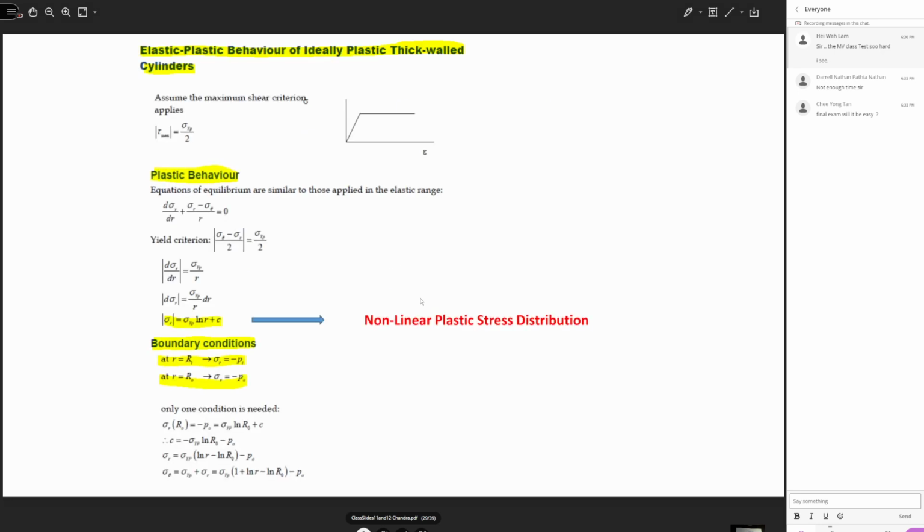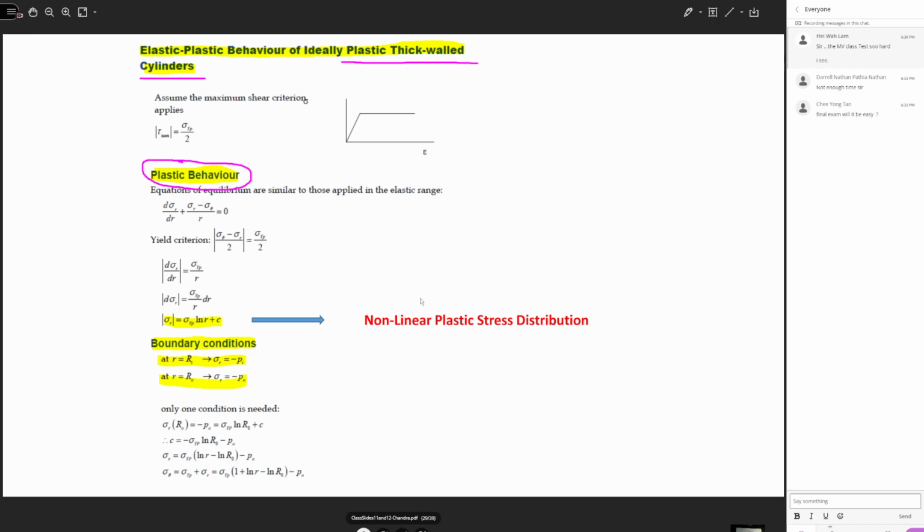Next we see the elastic plastic behavior, considering the plastic thick wall cylinders. So we study when the thick wall cylinder is completely under plastic conditions.